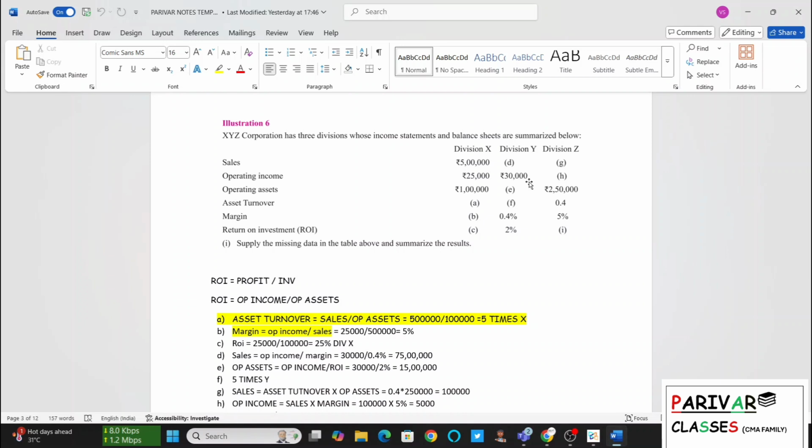Here operating income is missing, so we can't use the margin formula. For using asset turnover, we need operating assets. Here operating assets is given. Therefore, we have to use the asset turnover formula only. I think it is clear why we are using the margin formula above and why we are using the asset turnover formula below.